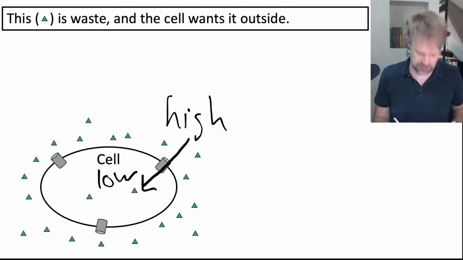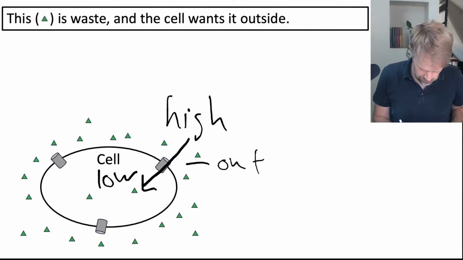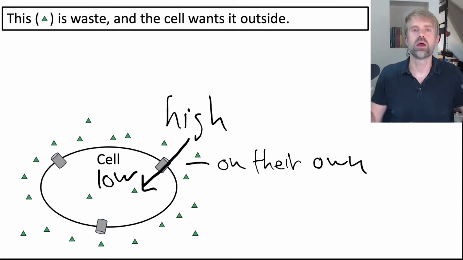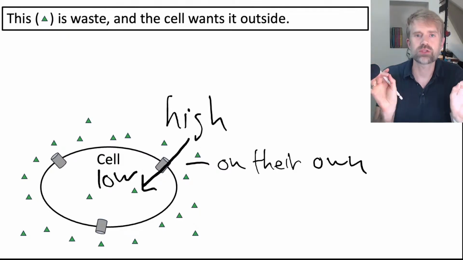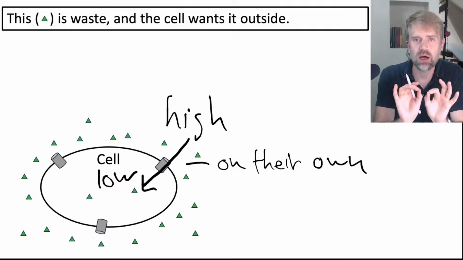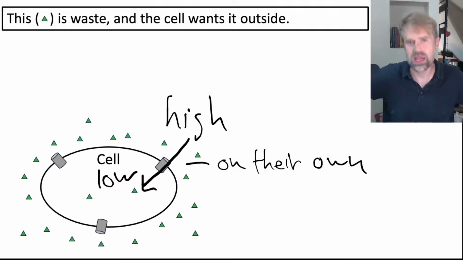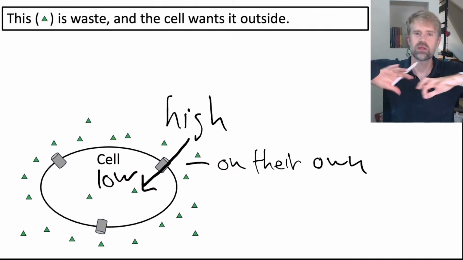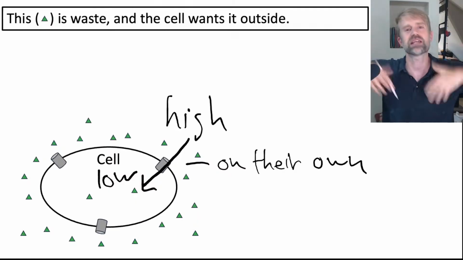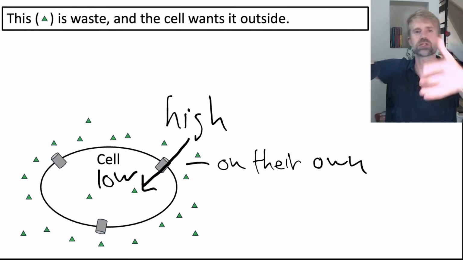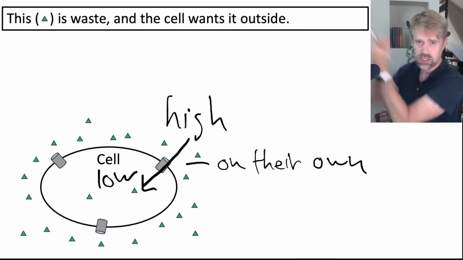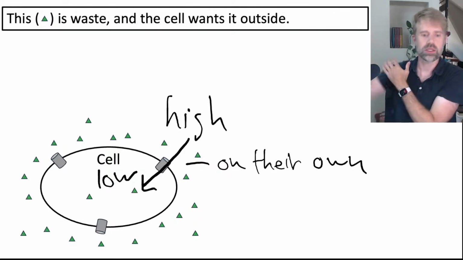They would move into the cell. On their own, these things would move from the high concentration outside of the cell into the cell. But the cell doesn't want that because this is a waste. This is like urea, this is pee, this is whatever. It wants to get rid of it. And that's a problem because on its own, this stuff is going to come in. It's going to be going from high to low on its own.